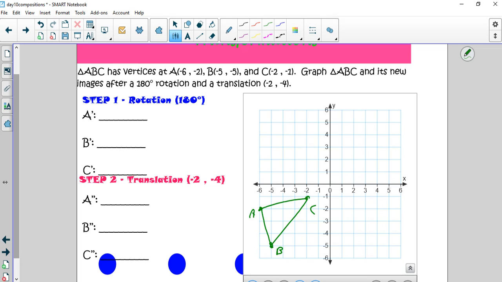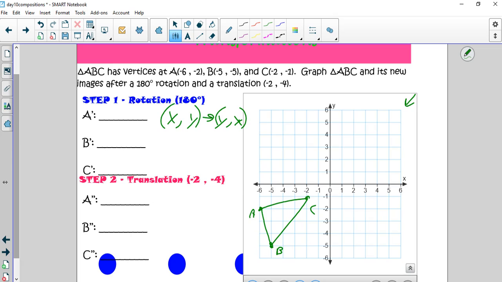We are first going to rotate it 180 degrees. Now remember, when we rotate 180 degrees, it's going to end up in this quadrant, directly diagonal from there. And remember, with rotation, all we do is flip y for x and x for y.